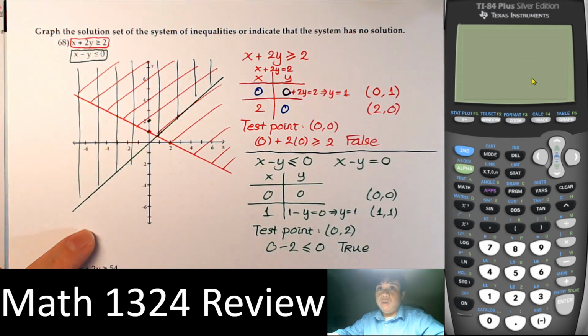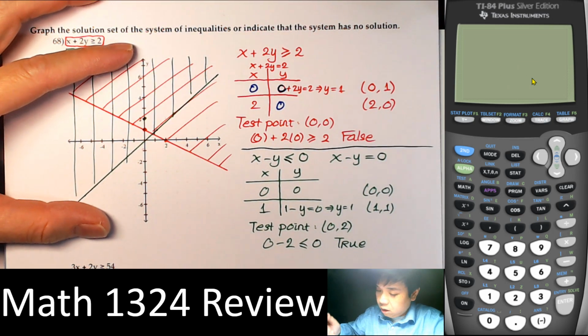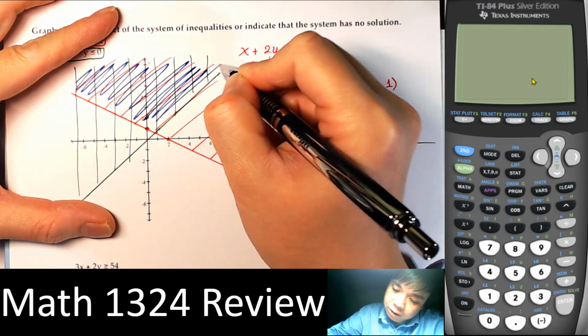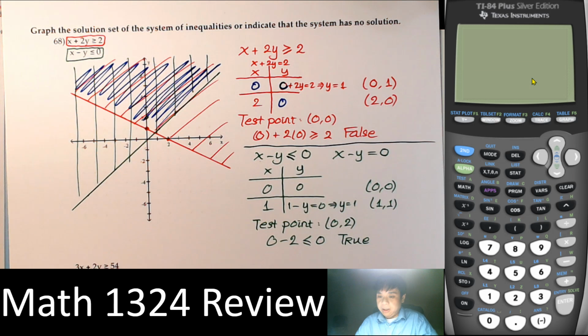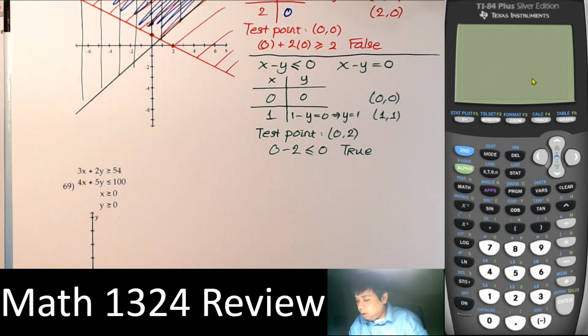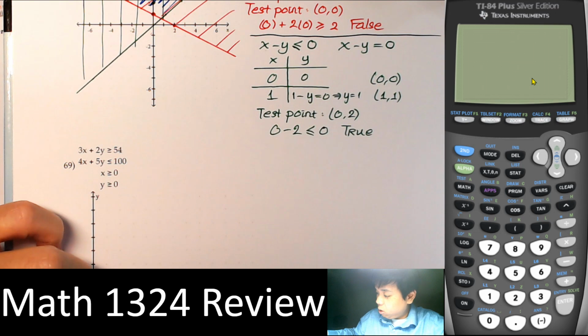And of course you see the overlapping is between the two lines. That's where we use this. So it will be that. Right. Now we'll go to 69. Right, so this of course we'll graph one by one.